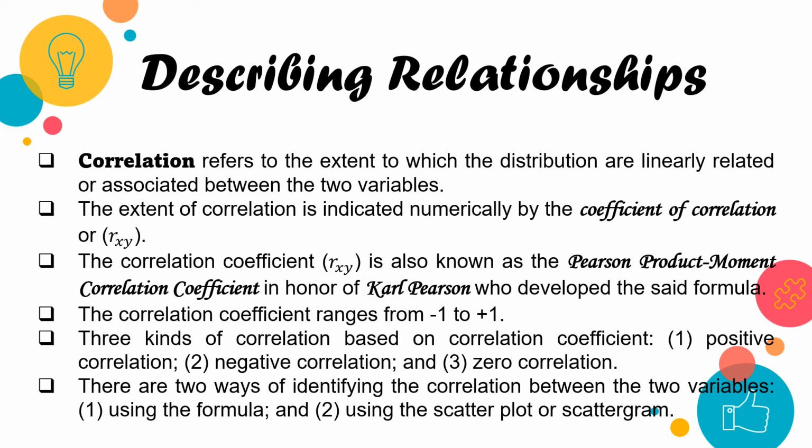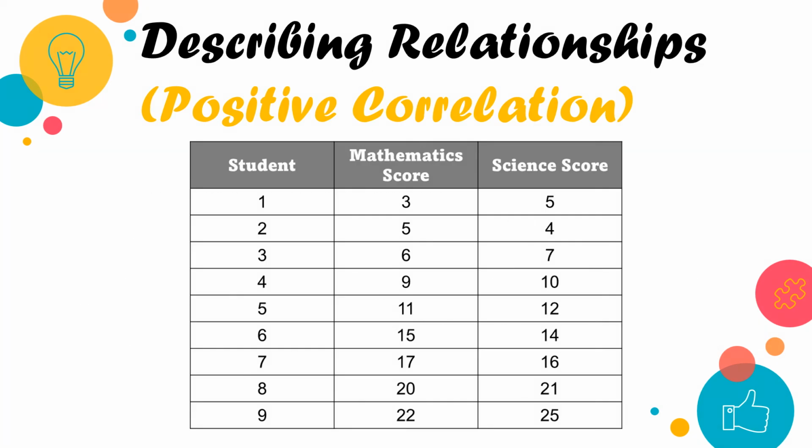So let's look at what they are. We will start with the positive correlation. According to here, in positive correlation, high scores in distribution X are associated with high scores in distribution Y. Low scores in distribution X are associated with low scores in distribution Y. Meaning, when X goes up, Y goes up.